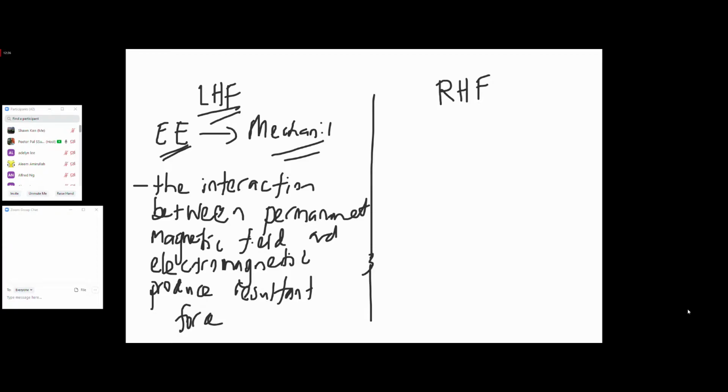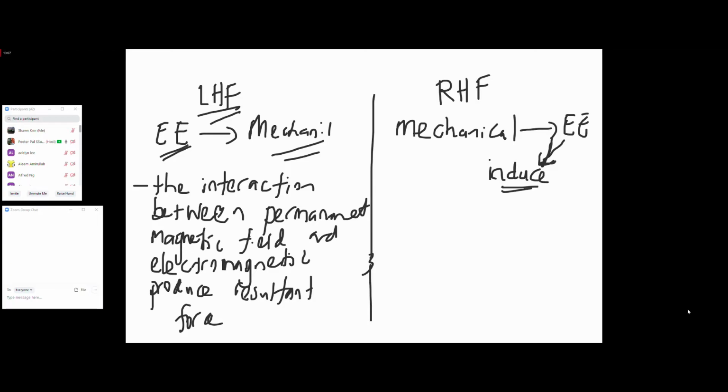Right-hand Fleming's rules, mechanical energy. We change to electrical energy, where there is a production of what current? Induced current. So induced current is produced.